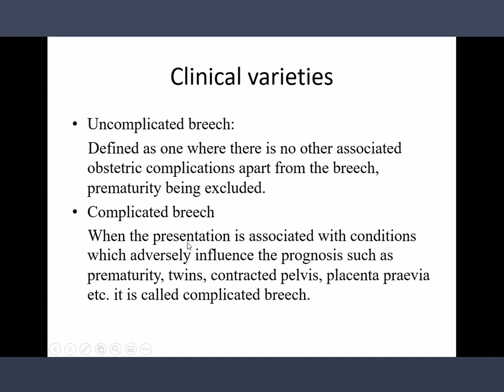If the breech presentation is associated with risk factors like prematurity, twins, contracted pelvis, placenta previa, preeclampsia, eclampsia, hypertensive disorders of pregnancy, gestational diabetes, pregestational diabetes, or other medical disorders, it is known as complicated breech because all these risk factors will adversely influence the prognosis of the baby.